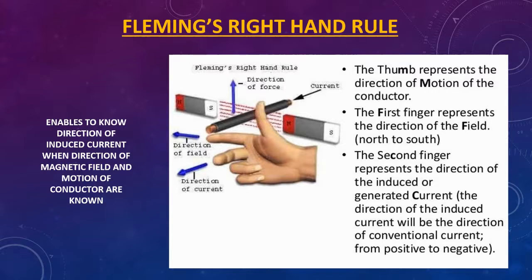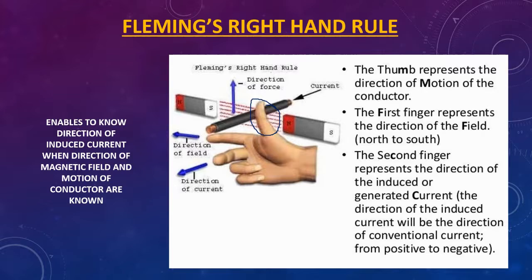Here also we'll be using three fingers, but here we'll use the right hand. We are going to use the thumb, first finger and the second finger. The thumb will represent the direction of the motion of the conductor. The first finger represents the direction of the field, which is from north to south.